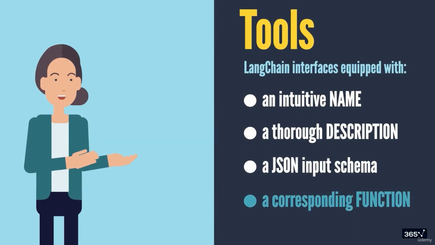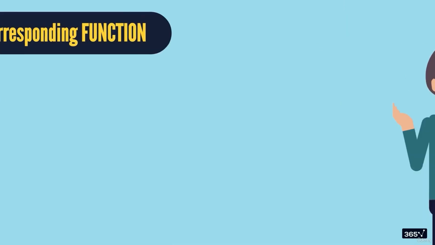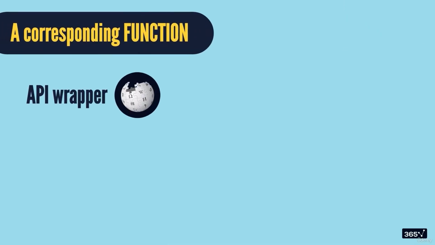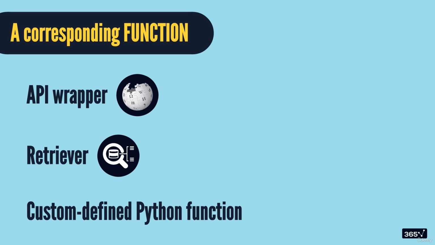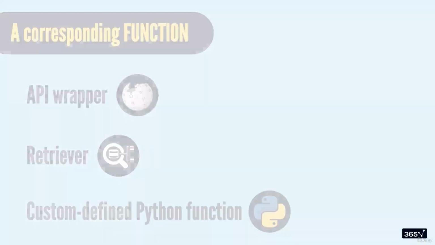Finally, the function associated with a tool can be anything from an API wrapper, like a wrapper around the Wikipedia API, to a retriever, like one extracting information from a 365 course, to a custom-defined Python function, such as one displaying the installed version of Python. So far, so good.